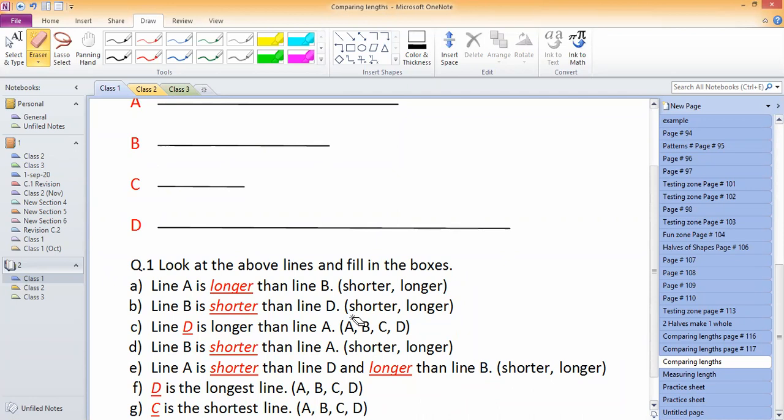Now in question 1C, guys, the condition is given to you, but you have to identify the line. Which line is longer than line A?